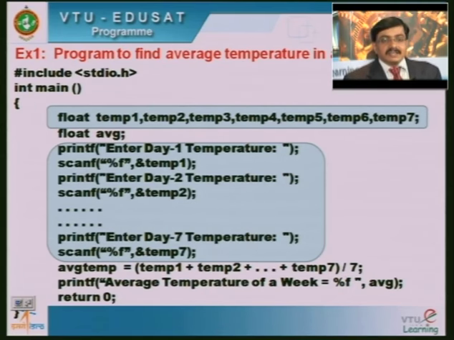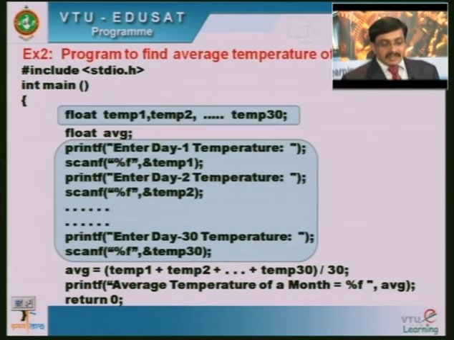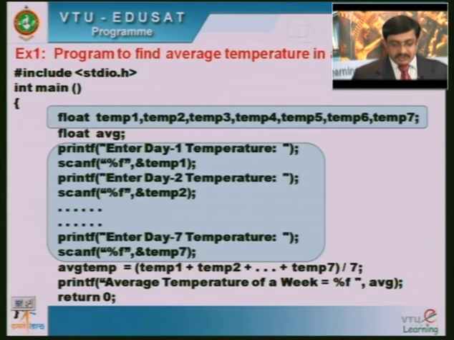Similarly, we read the day 2 temperature. With the printf statement "enter day 2 temperature", we then read scanf "%f" and &temp2. So we will be reading temp2, the value of the second day's temperature, and so on till the 7th day of the week. So we will be reading all the 7 days' temperatures.